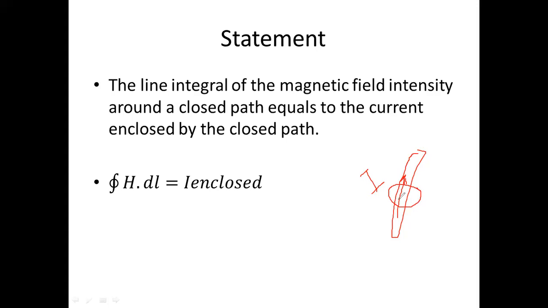Now the line integral of the magnetic field intensity around a closed path means, let's suppose this is a small portion dl, and the magnetic field around it is H. So the line integral of that magnetic field intensity is equal to the magnitude of the current flowing through it, meaning the current enclosed in this magnetic field ring.